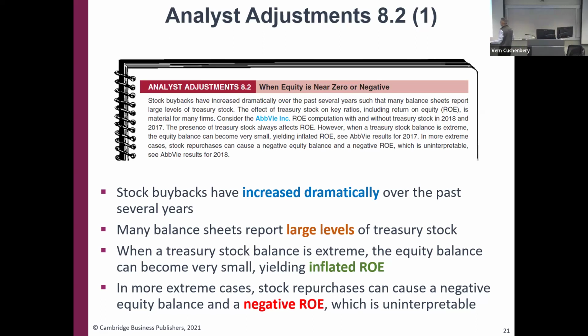Which begs the question, why in the world have stock buybacks increased so dramatically? It's because management teams use stock buybacks to manipulate their own accounting and their own ratios, and they do it for other reasons that don't have anything to do with the signaling power of a stock buyback.